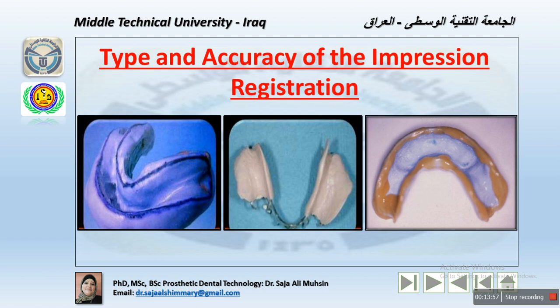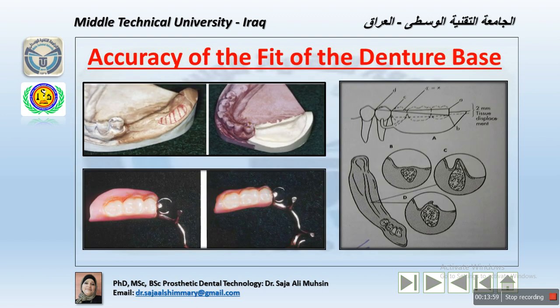Another factor we are going to discuss is the accuracy of the fit of the denture base. The support of the distal extension base is enhanced by intimacy of contact of the tissue surface of the base and the tissue that covers the residual ridge. Okay?